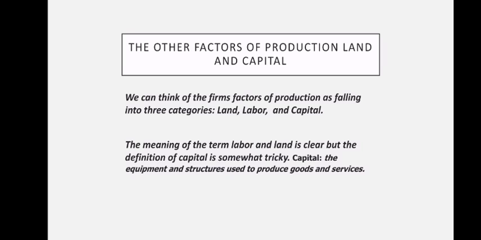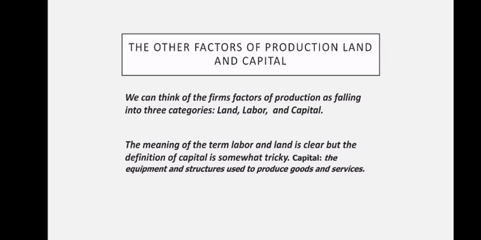Economists use the term capital to refer to the stock of equipment and structures used for production. That is, the economist's capital represents the accumulation of goods produced in the past that are being used in the present to produce new goods and services.